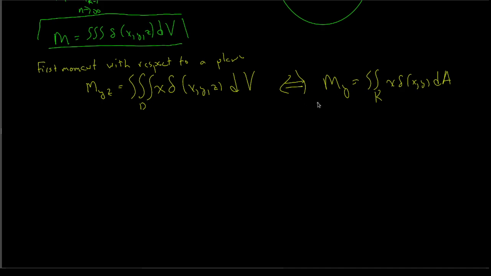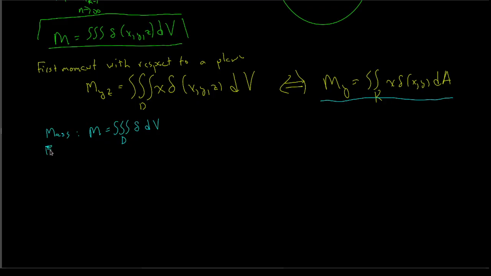And if we take the fact that to get the center of mass, we needed the moment in the y-axis and the total mass, what we can say is that the mass of the object is the triple integral through the region of the density function by the volume element.